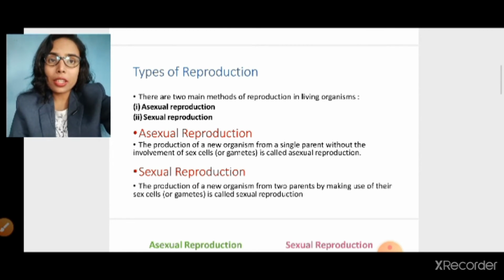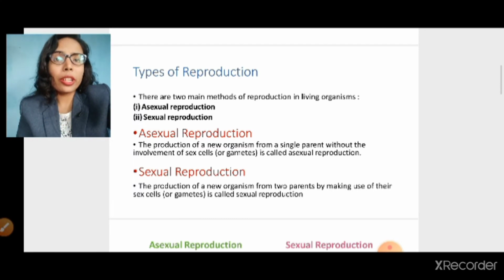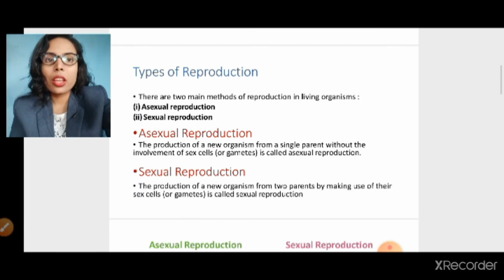Now, let us discuss the types of reproduction. There are 2 main methods of reproduction in living organisms. First, asexual reproduction. Second, sexual reproduction. Now, what is asexual reproduction? The production of a new organism from a single parent without the involvement of sex cells or gametes is called asexual reproduction.